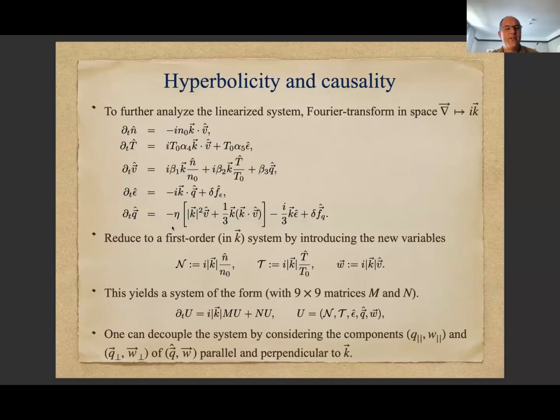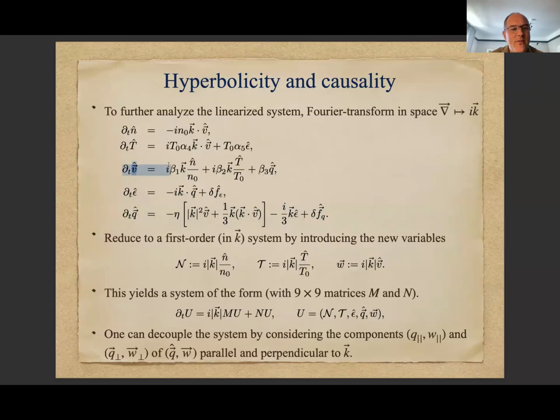But you can reduce this system to a first order in k system by introducing this new variable. You would like to rewrite this last equation as a first order equation. So what you do is replace v by w, which is ik, the norm of k, times v, and this will be a first order equation.